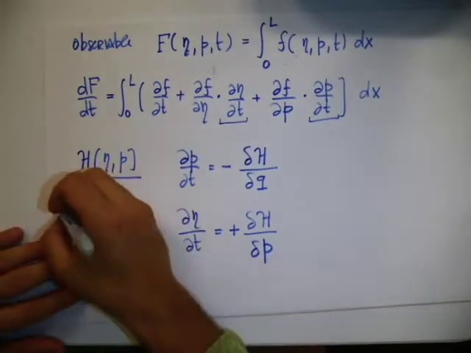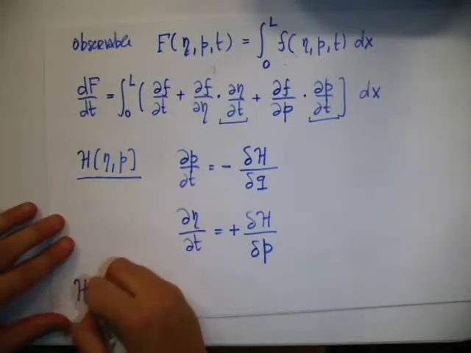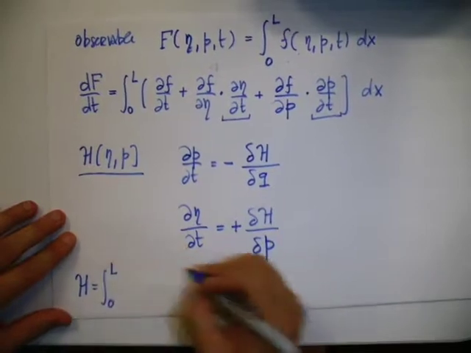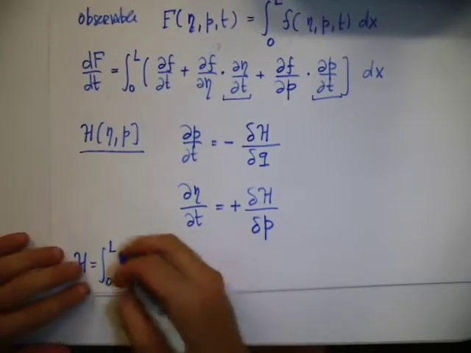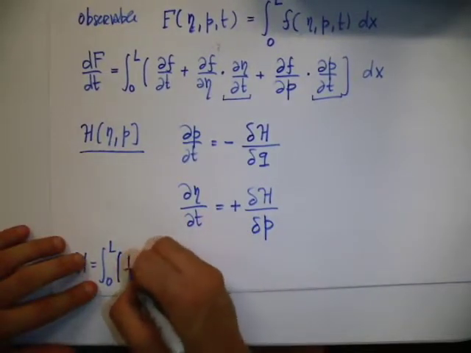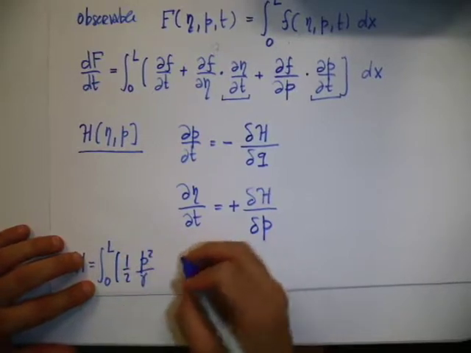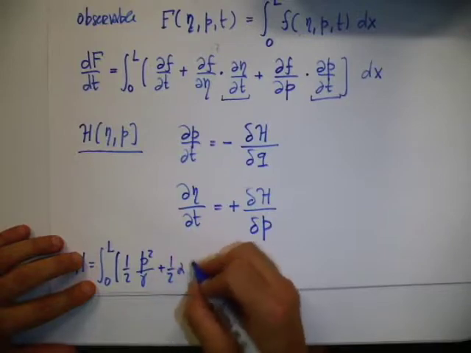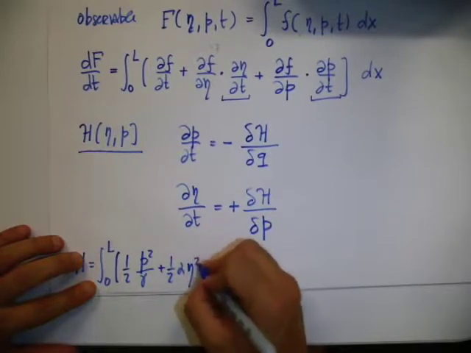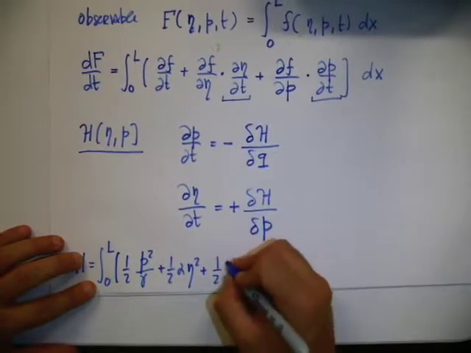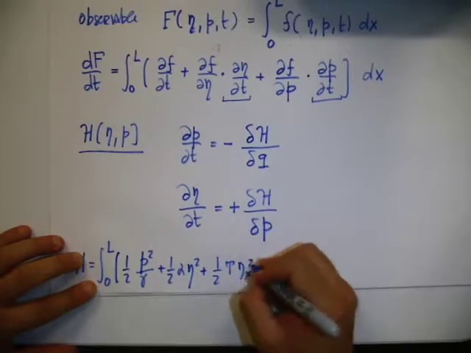And what was the Hamiltonian in our case? The Hamiltonian was given by the integral between 0 and L of 1/2 p squared divided by gamma plus 1/2 alpha eta squared plus 1/2 T eta x squared in delta x.